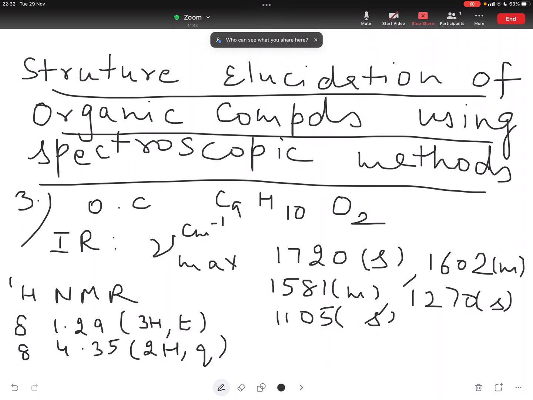Then we get a multiplet at 7.40 due to three protons. Then we get a multiplet at 8.81 due to two protons. We are to determine the structure of this compound.